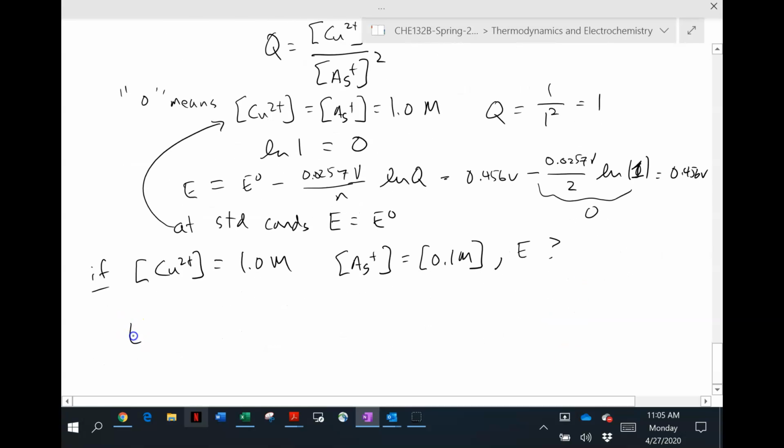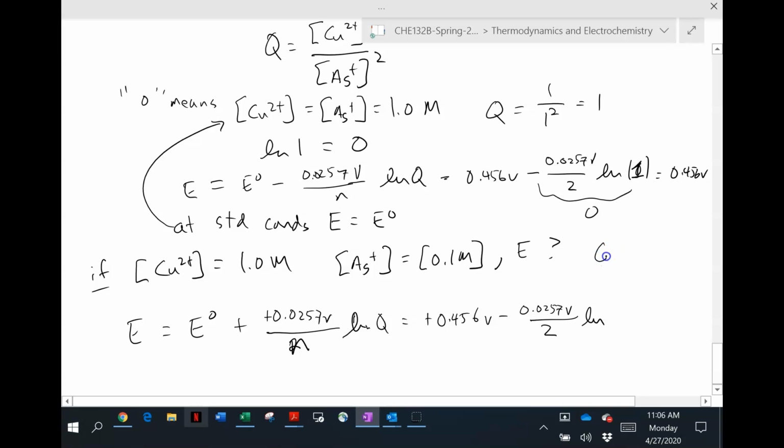So E is going to be equal to E naught minus 0.0257 volts over our 2 electrons, or n, ln Q. So that's going to be 0.456 volts minus 0.0257 volts over 2 times ln Q. Now Q in this case is going to be 1 over 0.1 squared.